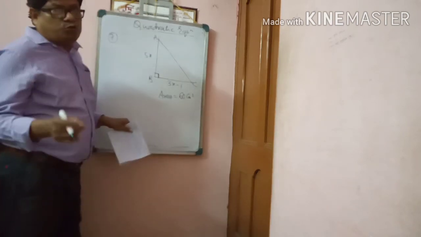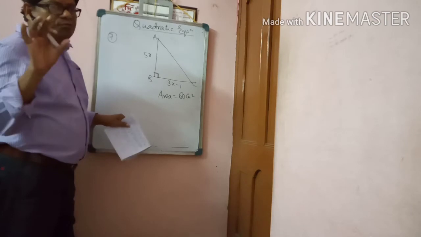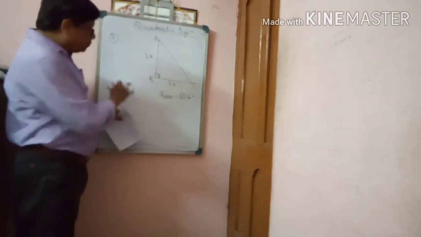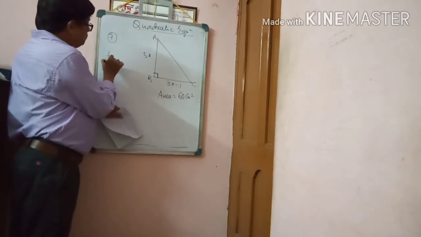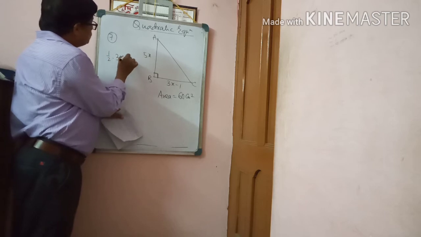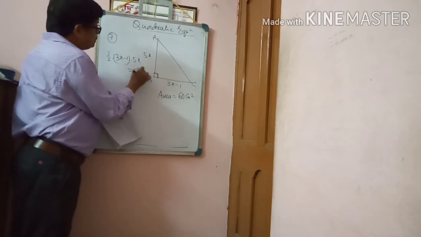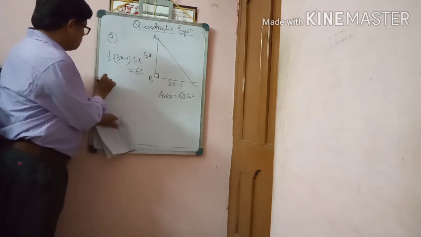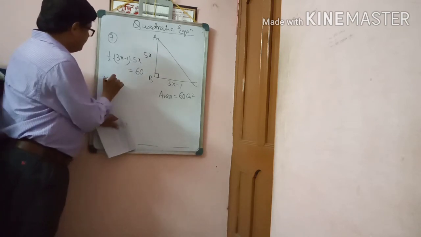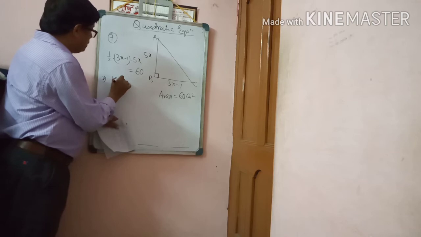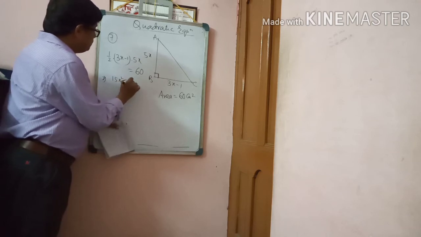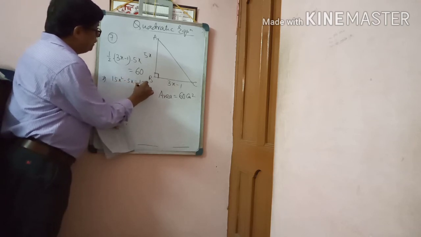So all of you know the area is half base into height. So put the value. Area half, base is 3x minus 1, into height 5x equal to 60. Okay? Now multiply here, 15x square minus 5x equal to 120.